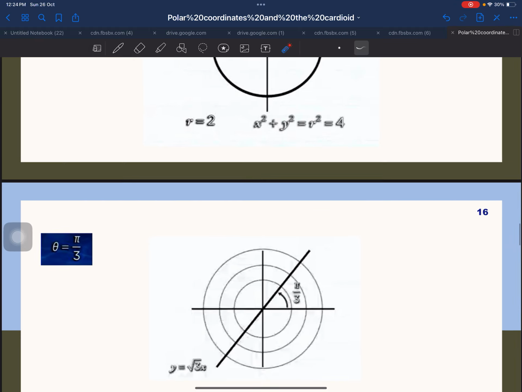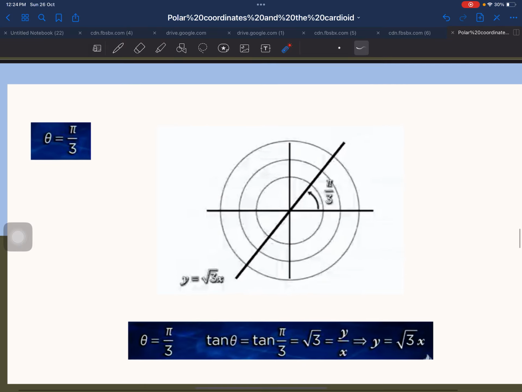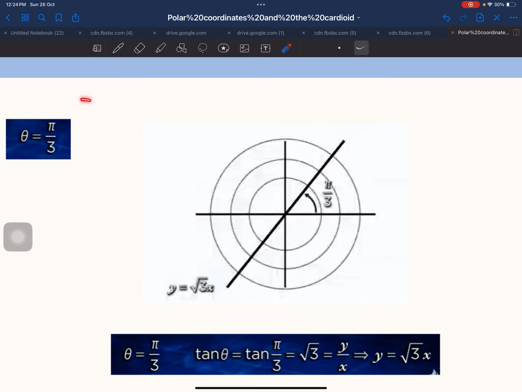How about if I say theta is pi over 3? What's the curve look like? Well, tangent theta would be tangent of pi over 3, and that's the square root of 3. But remember, tangent theta is y over x on the conversion formula.